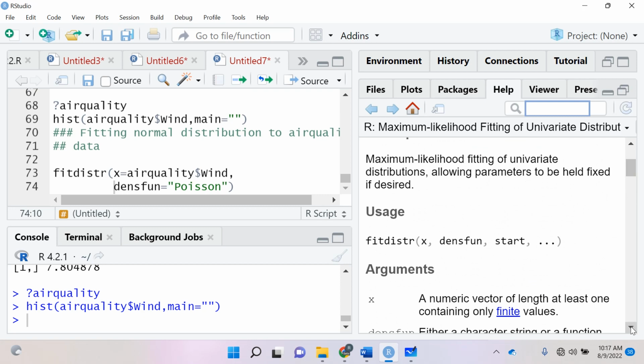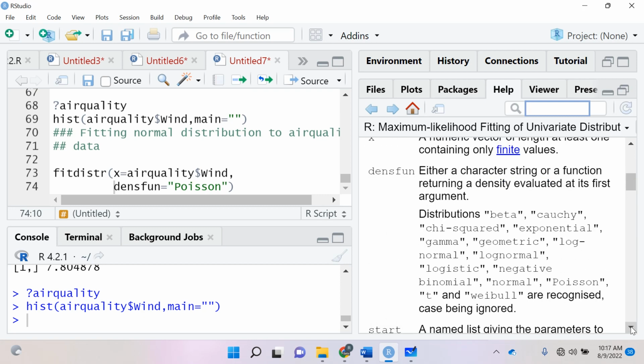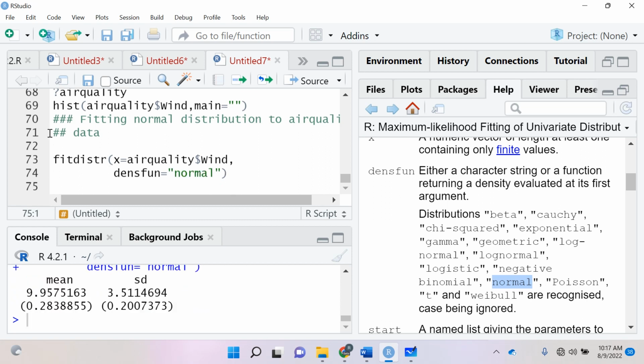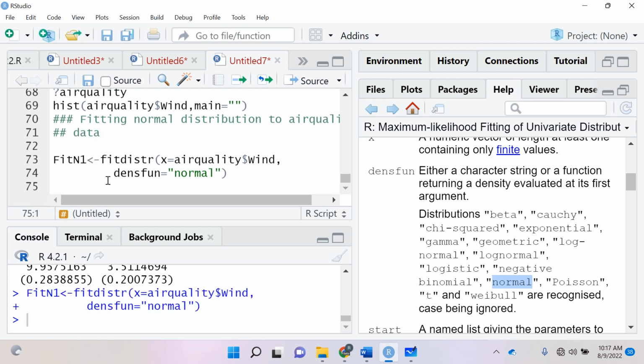Yeah, so the density function. So normal is just normal. Instead of Poisson, I'll put normal there, right? Then I fit this. So I fit it, N1.